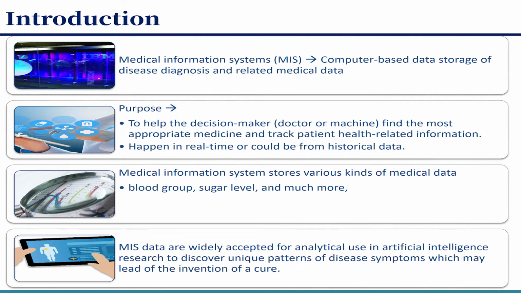If you see the pictures, we are talking about MIS, the medical information system, a computer-based storage of disease diagnosis and related medical data. In the picture you can see some blue and red things, right? These are the medical servers where this data is stored. They manage and store the data.